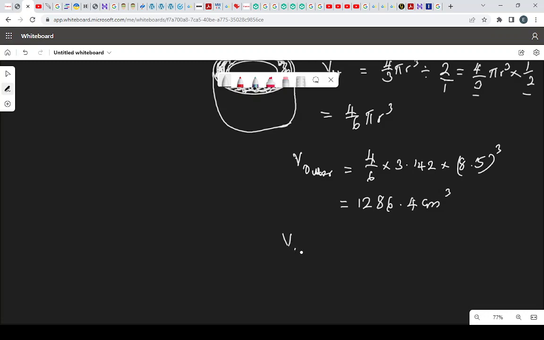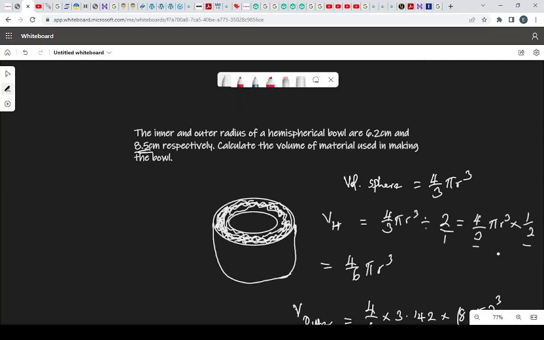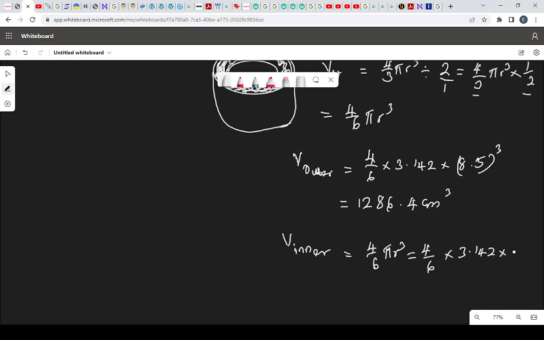Let's get the volume of the inner part of the bowl. Inner, okay, that is 4/6 pi r cubed, which is 4/6 times 3.142 times r. The inner radius is 6.2 cubed. I'll use a calculator to work on that. 6.2 cubed is 238.3 approximately.